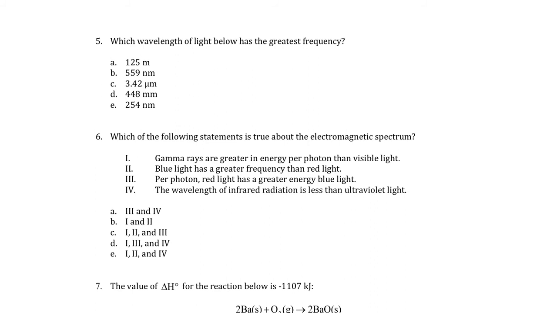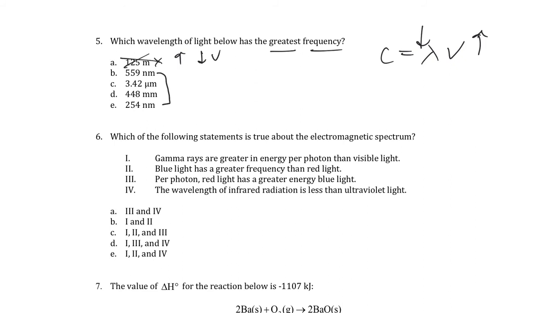Wavelength of light. Which wavelength of light below has the greatest frequency? Okay, so c is equal to lambda times nu. The greatest frequency is going to come from the photon that has the smallest wavelength. Just inspecting the units here, I got 2 in nanometers, and so this is a really high wavelength, which is going to have a really low frequency.